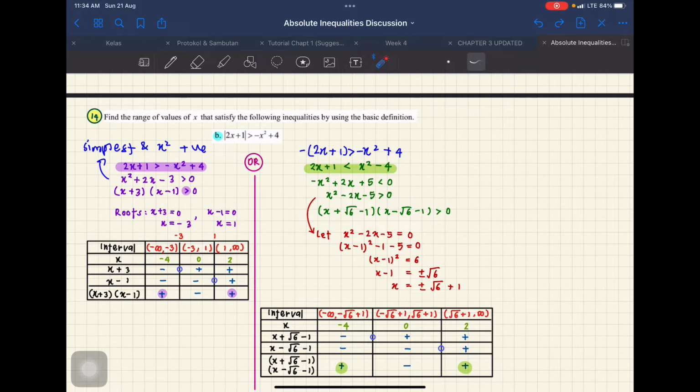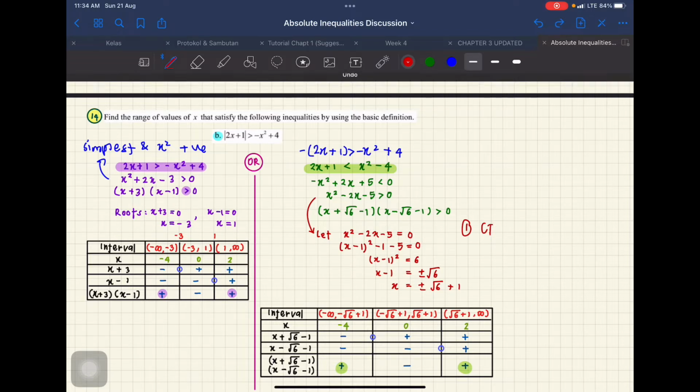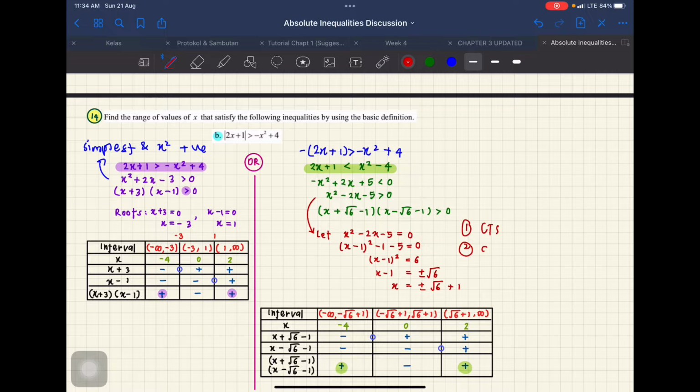Okay, so for this right hand side yang ini, awak boleh guna dua cara: sama ada awak guna CTS or awak guna quadratic formula.